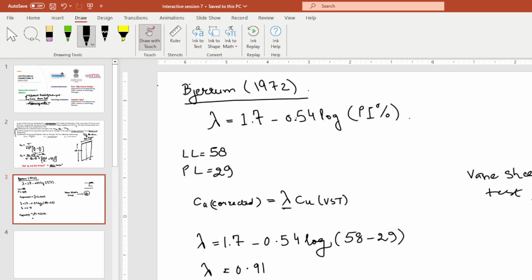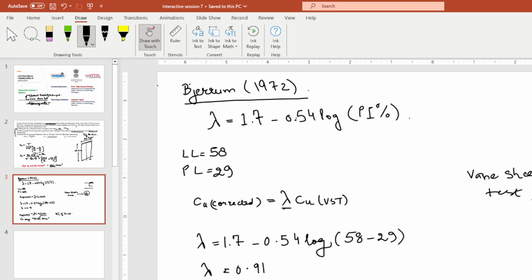Okay, 56.83 kilonewton per meter square. So you see, from 62 we have reduced it a bit. We have taken only 91% of the CU we obtained from the vane shear test for design purposes. So we can write CU design.